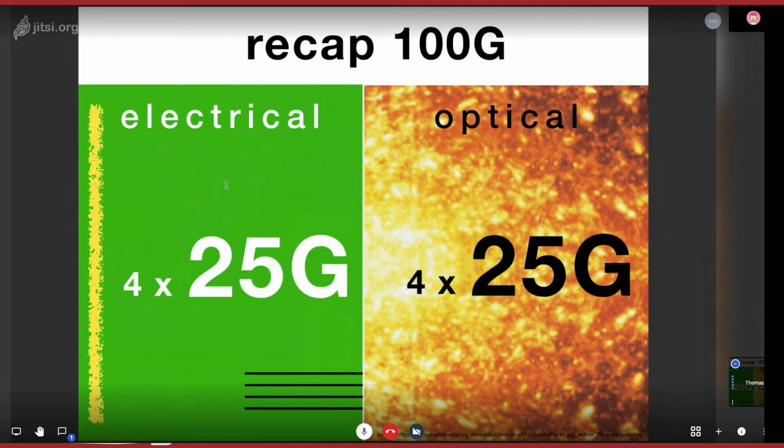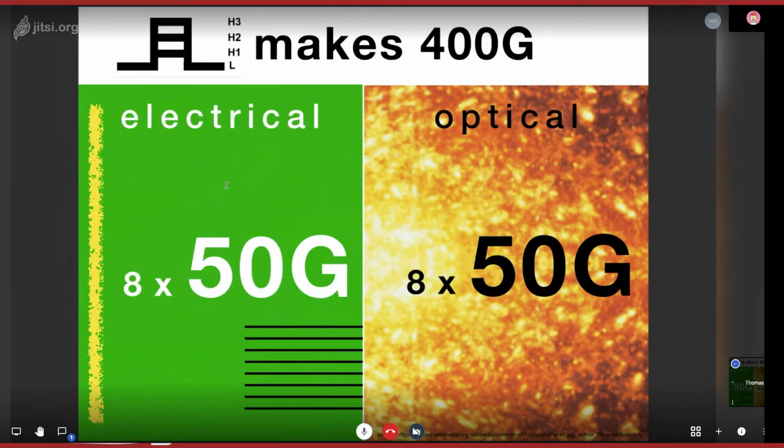So the host was driving 4 lanes with the speed of 25 gigabit. And these 4 electrical lanes drove an optical engine with 4 lasers and 4 receivers, also running at 25 gigabit.